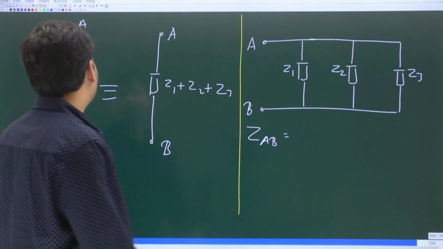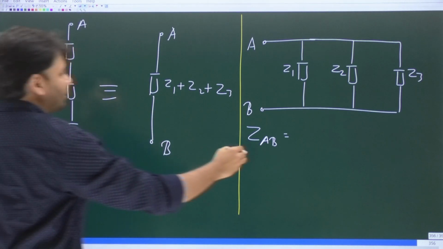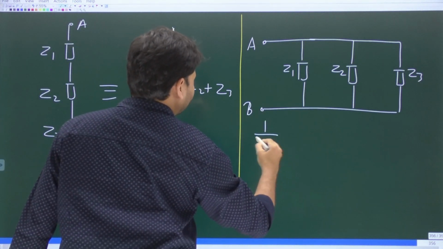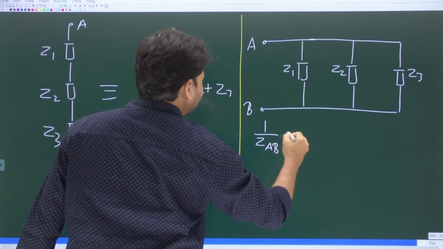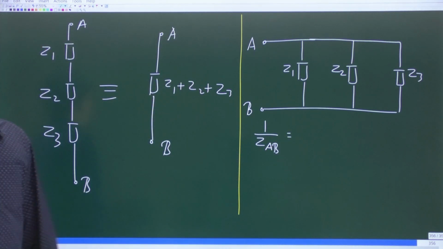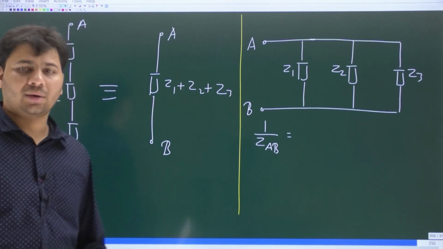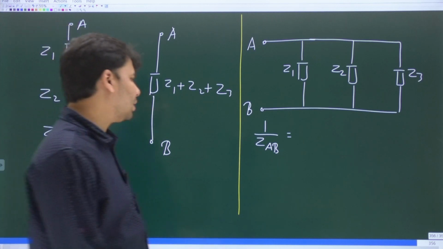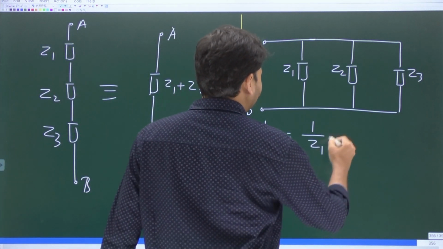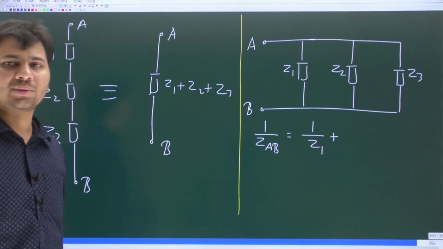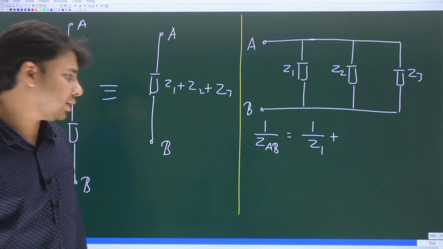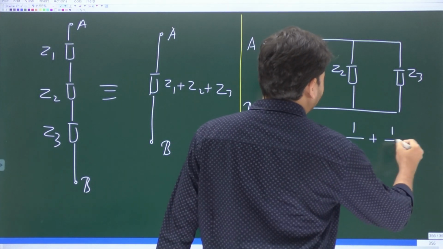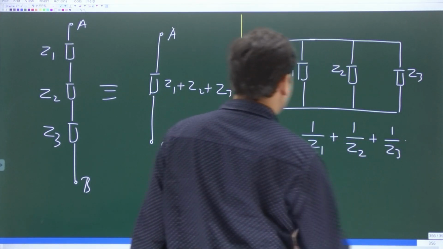We should do a similar thing here also. 1 by ZAB is similar to 1 by R equivalent, where ZAB is the net impedance between the two points A and B. So 1 by ZAB would be 1 by Z1 plus 1 by Z2 plus 1 by Z3.